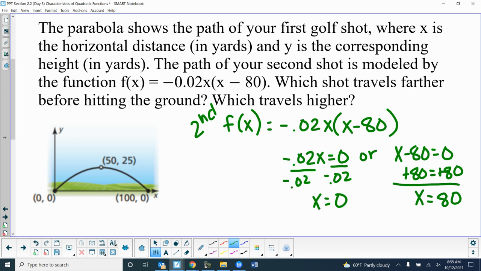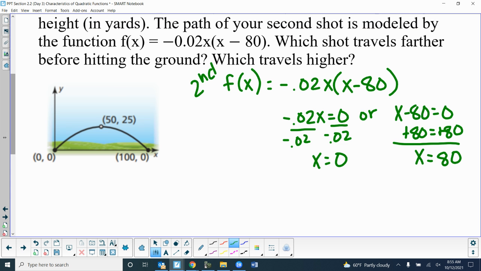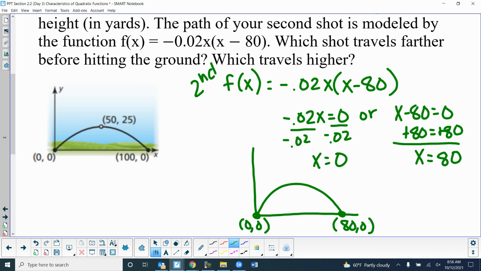So if I drew a graph of it, (0, 0) and (80, 0). Those are my two x-intercepts. And you hit it, so it went up and down, right?